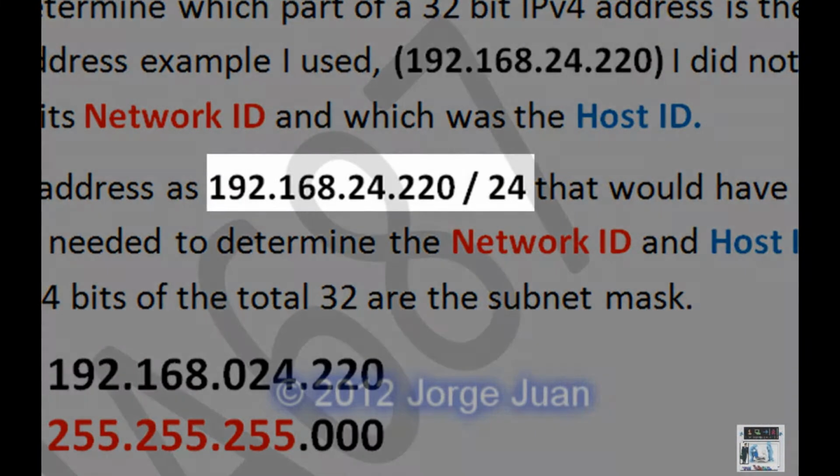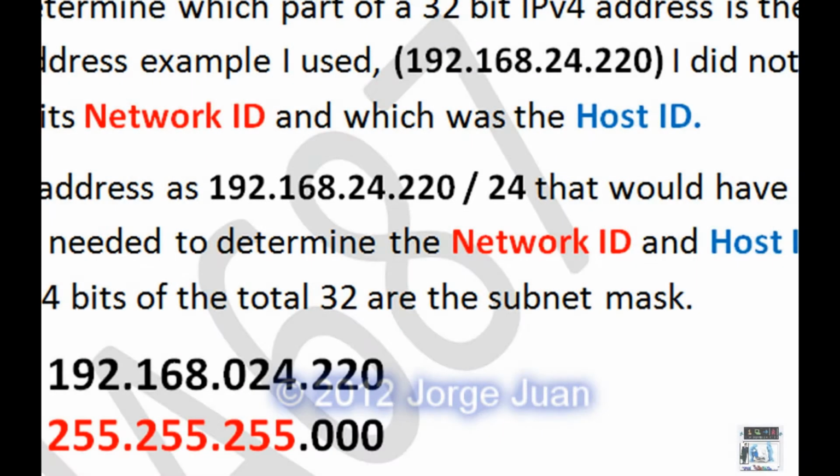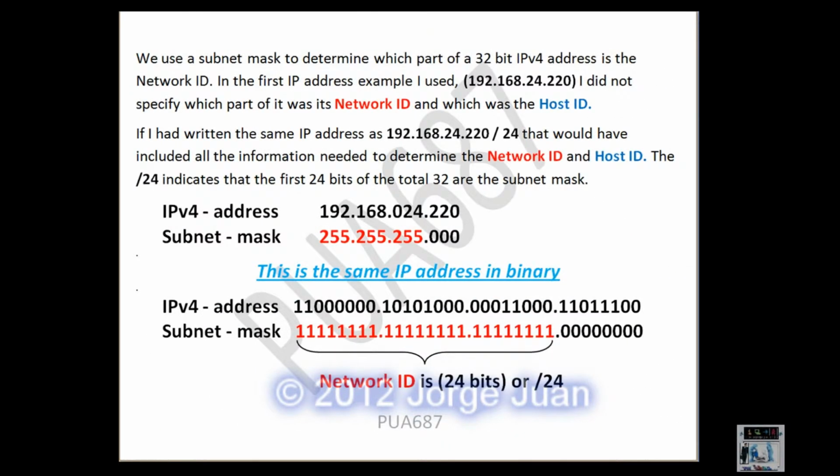If I had written the same IP address as 192.168.24.220/24, then that would have included all the information needed to determine the network ID and the host ID part. The /24 indicates that the first 24 bits of the total 32 in the address are the subnet mask.